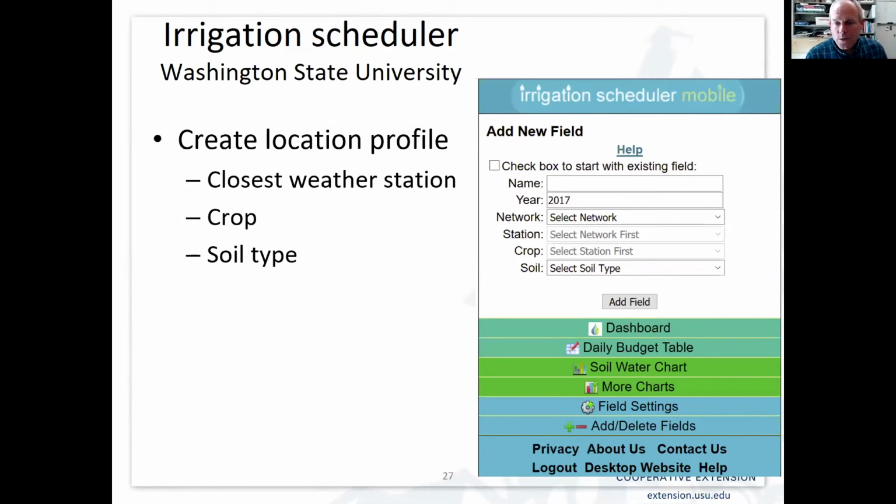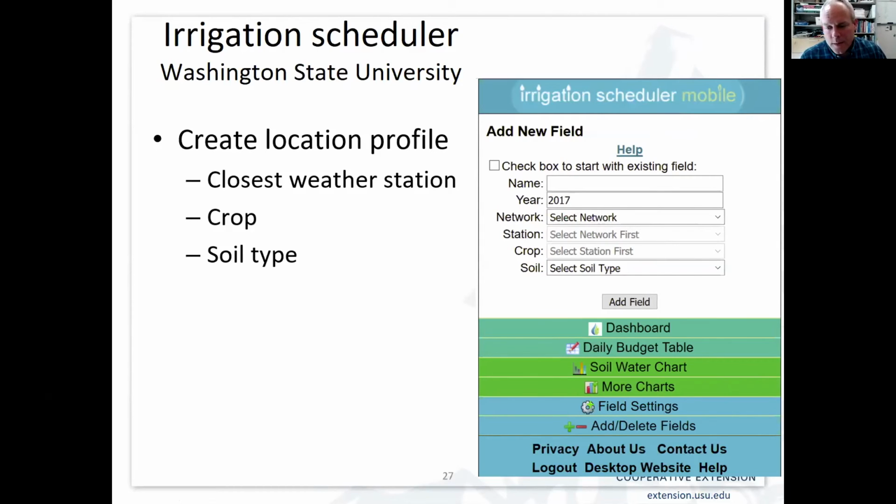Then what you do is you put in here, you don't put your name, you put in the name of the field. So if I have a Fuji apple block that I want to monitor, I'll put Fuji apple in here, or Uncle Bob's Fuji apples or whatever. And then I'm going to select the network of weather stations that I want to access, and I'll select the closest weather station to my situation.